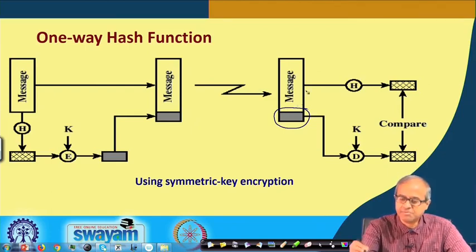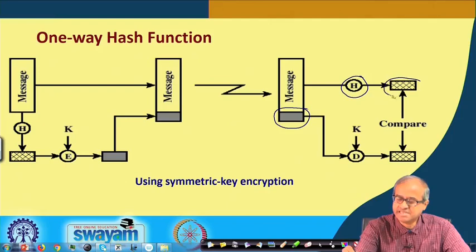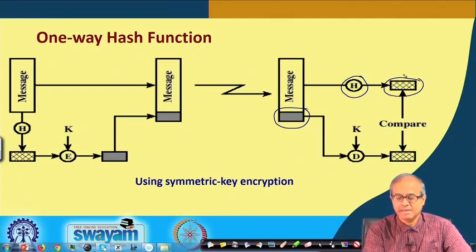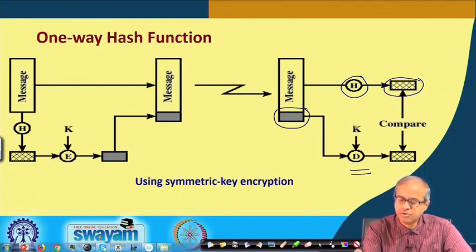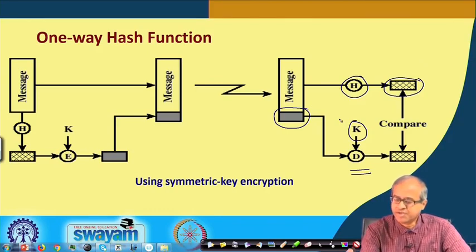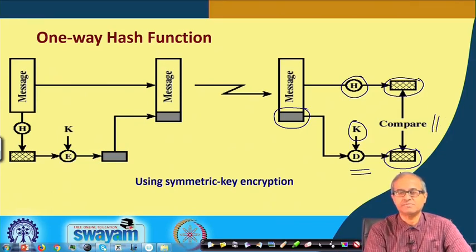With the message part again the hash function is applied and the hash digest is obtained, and with the encrypted hash part we apply a decryption algorithm with the same key value k. So, we get back the hash value and you compare whether these two are matching or not.